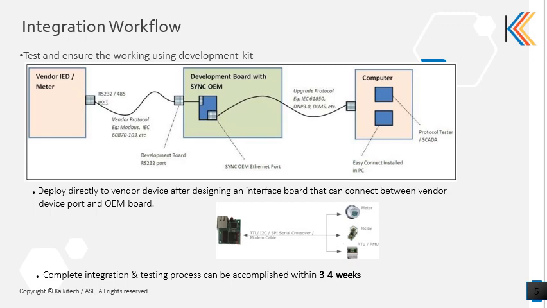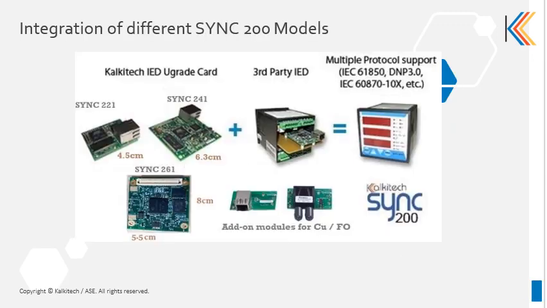In future, if you want another protocol, just by updating the firmware, you will get the new protocol supported on the device. So this is one of the key integration workflows. It is very easy to integrate, very easy to do complete testing and enable this within 3 to 4 weeks.